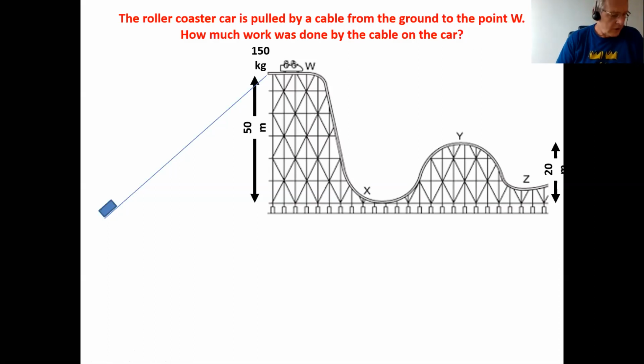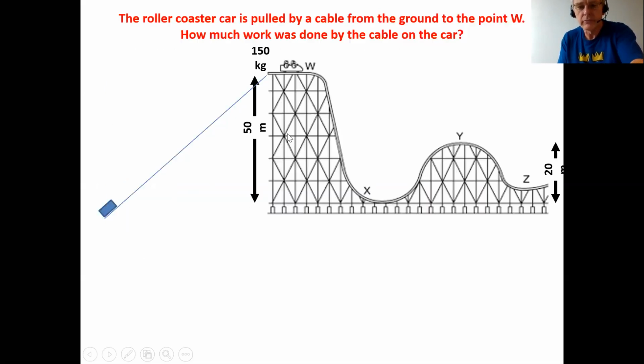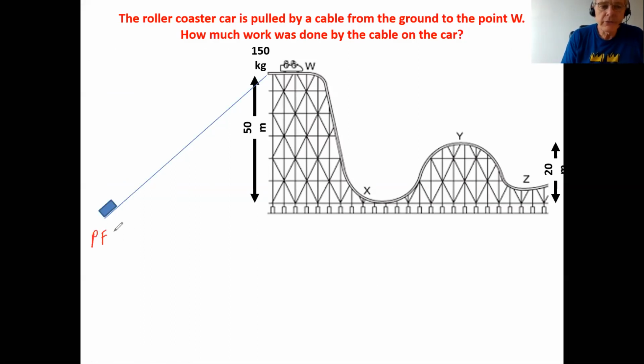So what do we have here? The potential energy here is equal to 0. The kinetic energy here is 0. The potential energy here is 75,000.